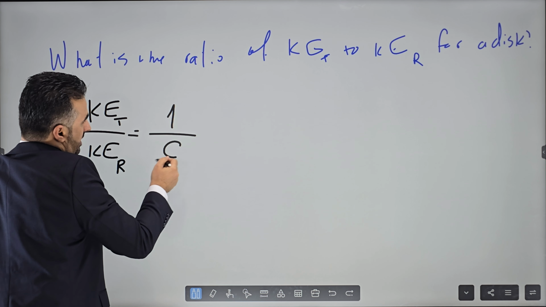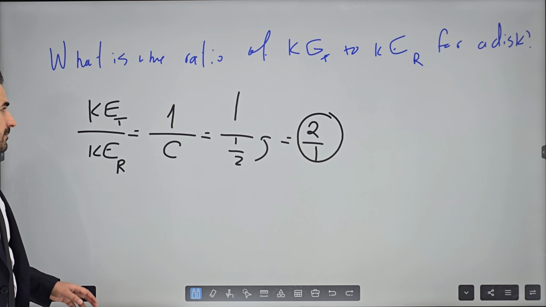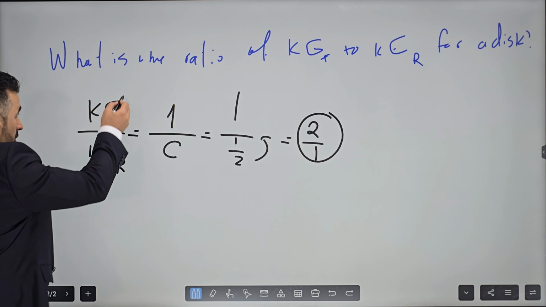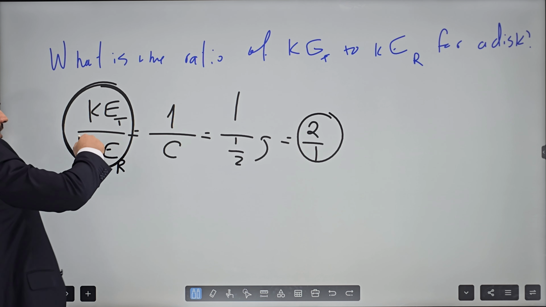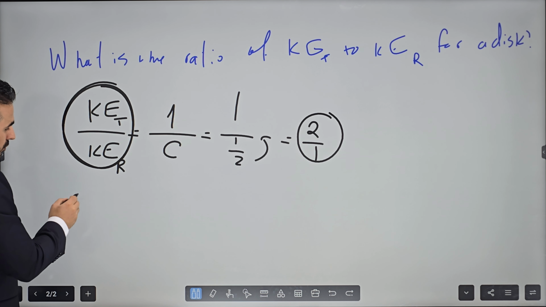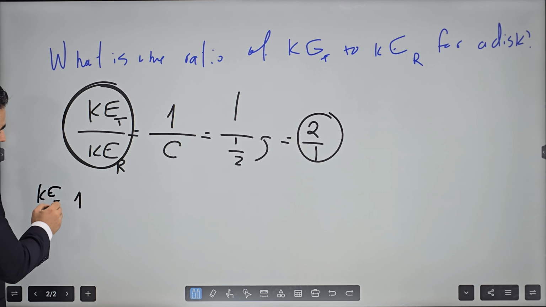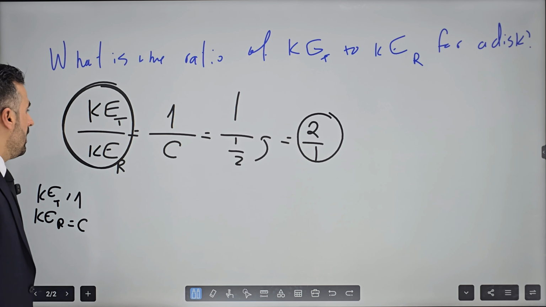It could be for any shape, by the way. It could be rotation over the translation, doesn't matter. Translation over the total, doesn't matter. As long as it is a ratio only, don't forget, instead of kinetic energy of translation, write 1. Instead of kinetic energy of rotation, you can write C instead, and that's it.